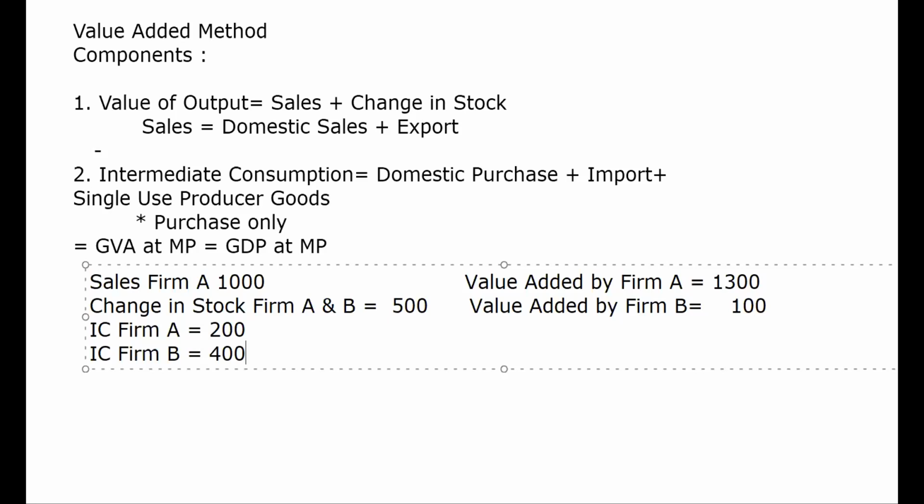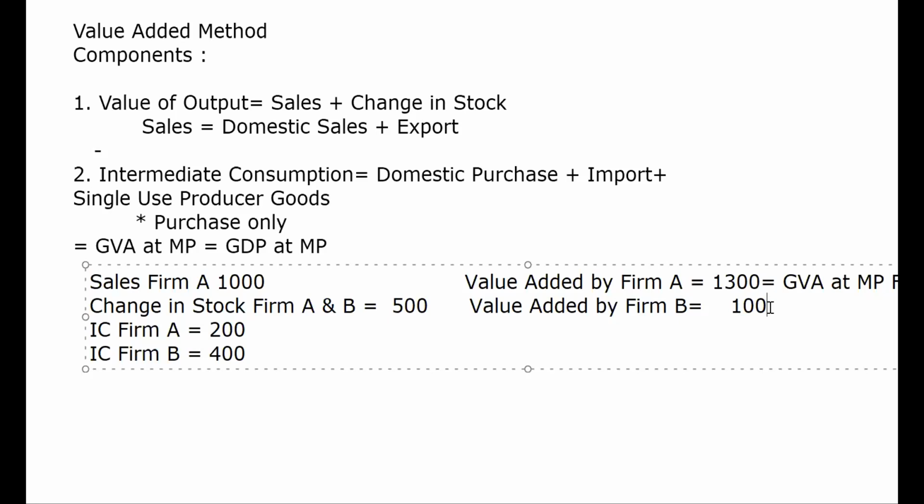100. Okay. Now this value added by firm A would be equal to GVA at MP, gross value added at market price, of firm A. You will write it here. Clear?